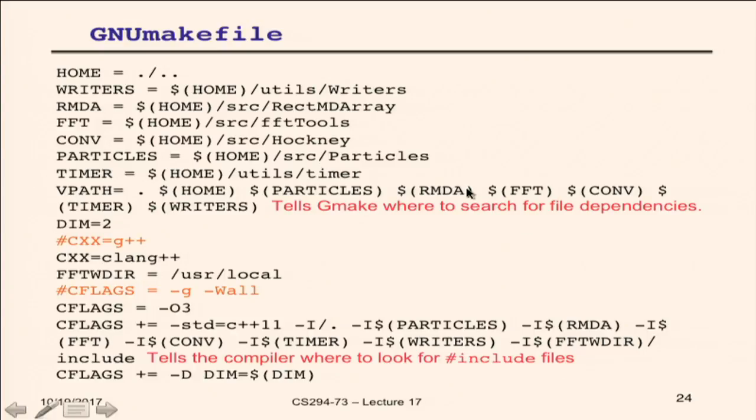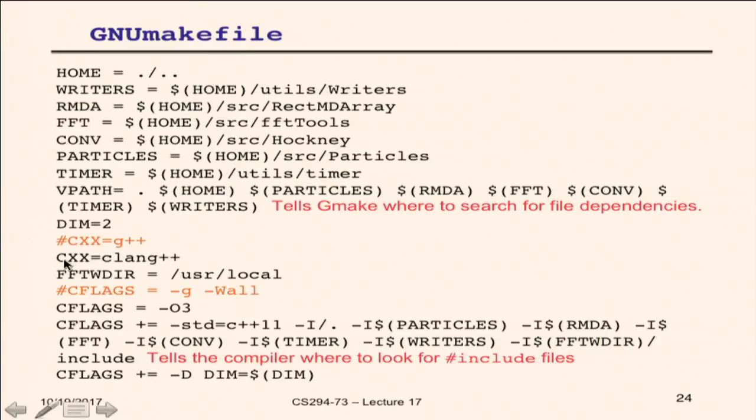Now I have a rather large definition of vpath. Vpath tells gmake where to search for file dependencies, whether it's .cpp or .h files. So we have the current directory, and then the list of all these directories that we've defined names for here.